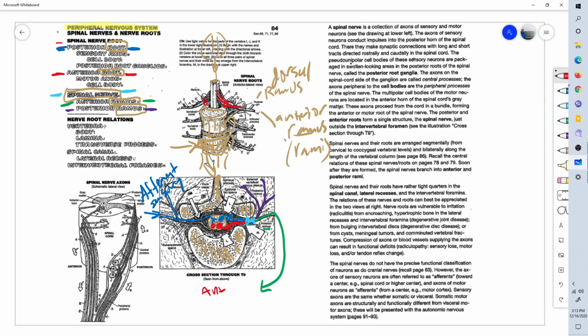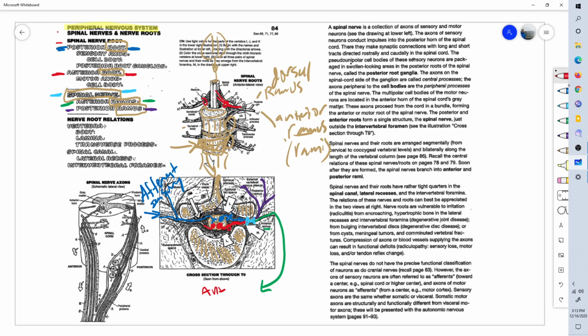Then signal, and that might be, you put your hand on a flame and it says ouch. So your brain might send a signal down to the anterior horn motor to tell your muscle to move your hand out of the way.